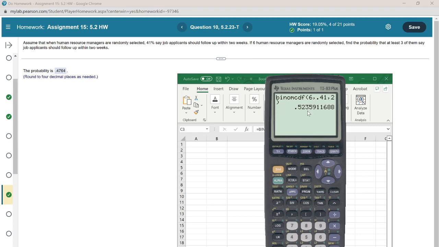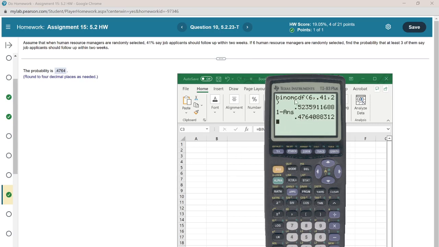And now, because we want the complement of this, we want to subtract this value from 1, because the sum of a value and its complement is 1. What is the answer? Answer is here. So that gives me 0.4764. So that's the same thing.